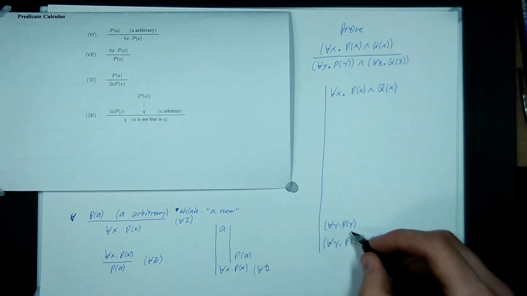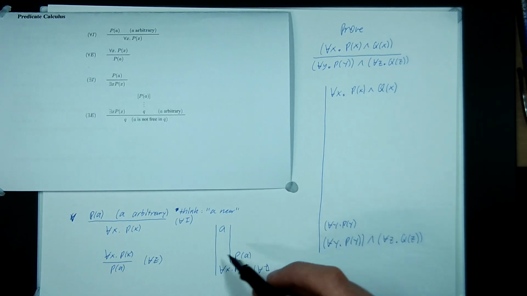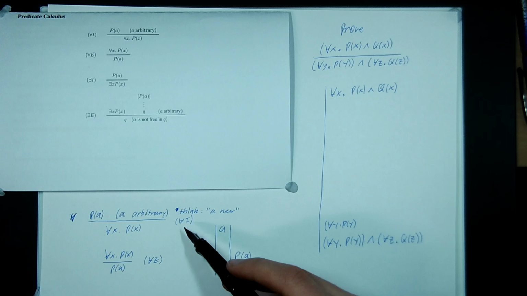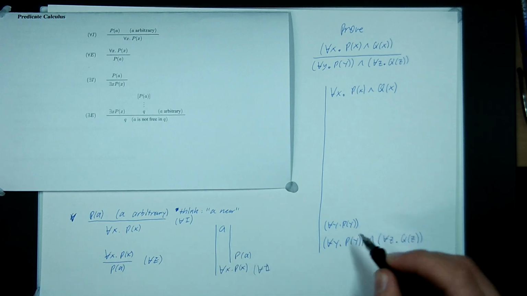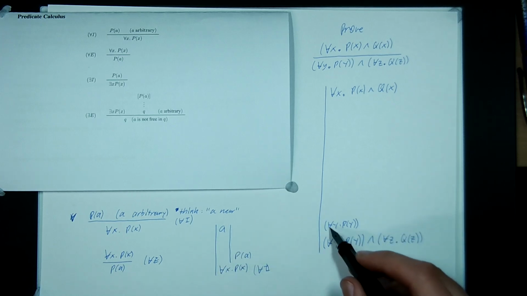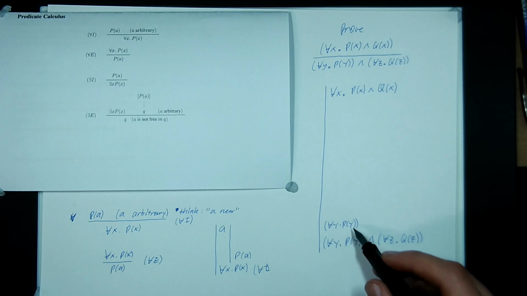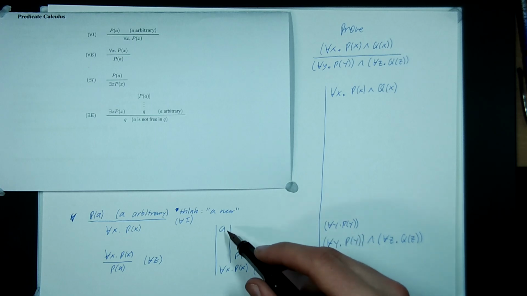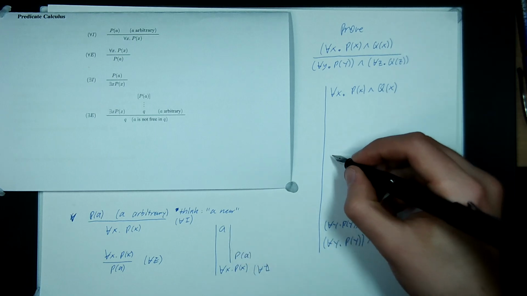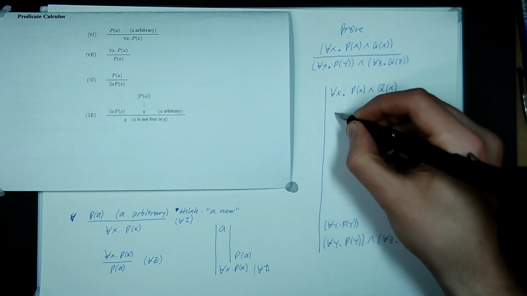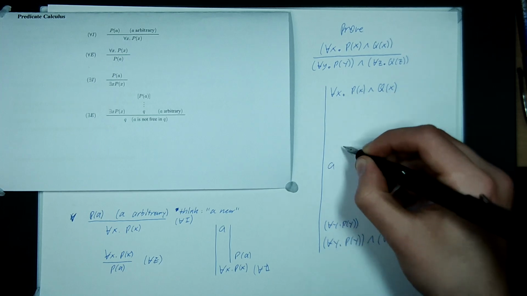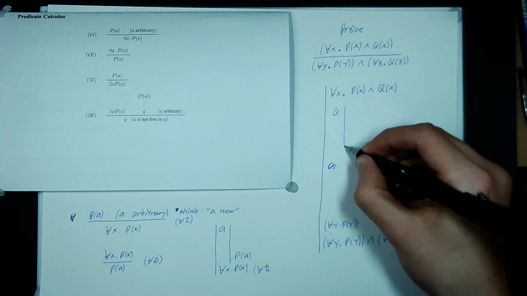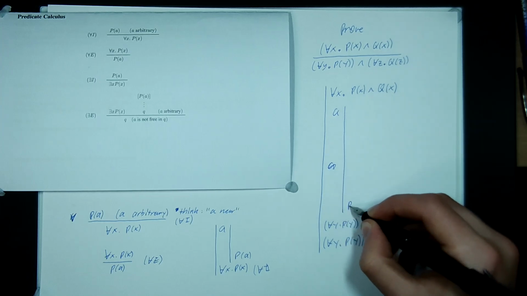And how am I going to do that? Well, this is where we can use for all introduction backwards. If I want to prove for all y, p of y, I should be able to show p of a for an arbitrary choice of a. So I can write my arbitrary choice of a here. Now, at the top, it should somehow get p of a.